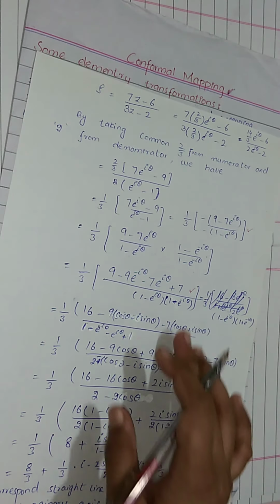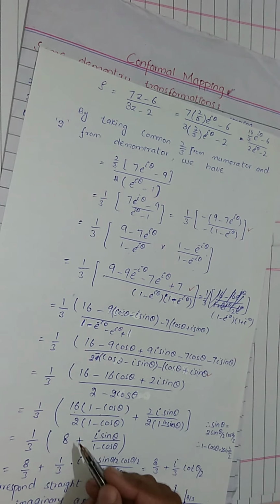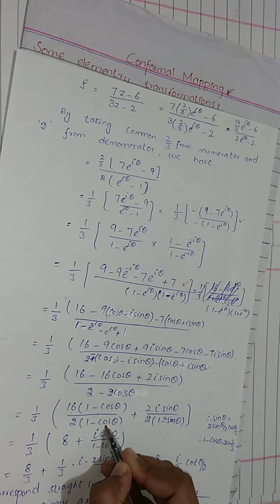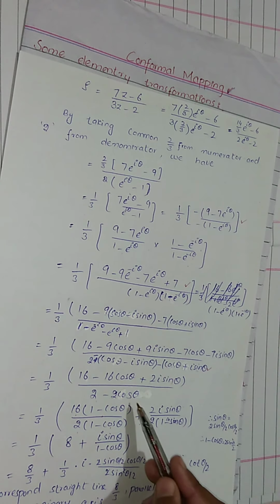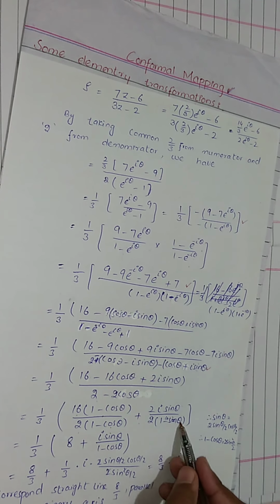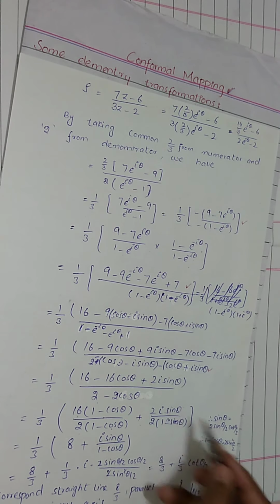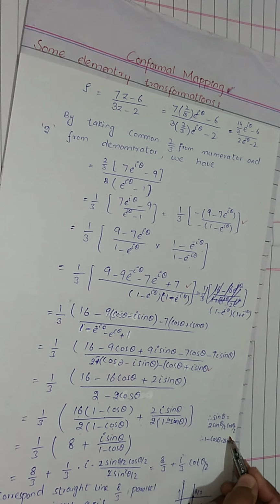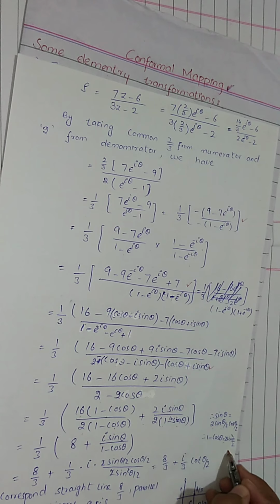Just simplify this step. We have 16 into (1 minus cos theta) and 2 into (1 minus cos theta) plus 2 iota sin theta over 2 (1 minus cos theta). By putting the half angle formulas, sin theta is equal to 2 sin theta by 2 cos theta by 2, and 1 minus cos theta is equal to 2 sin square theta by 2.